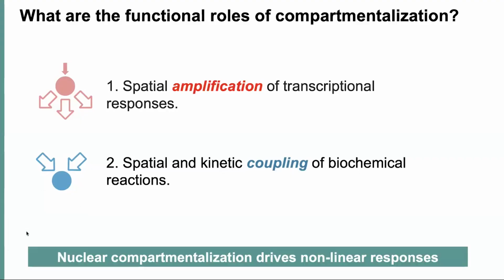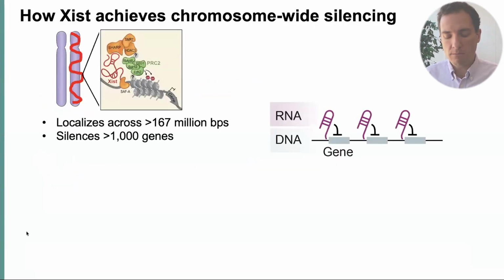The key feature to all of these examples is that by seeding these types of structures, these compartments in the nucleus, you can drive nonlinear responses to different stimuli in these different examples.